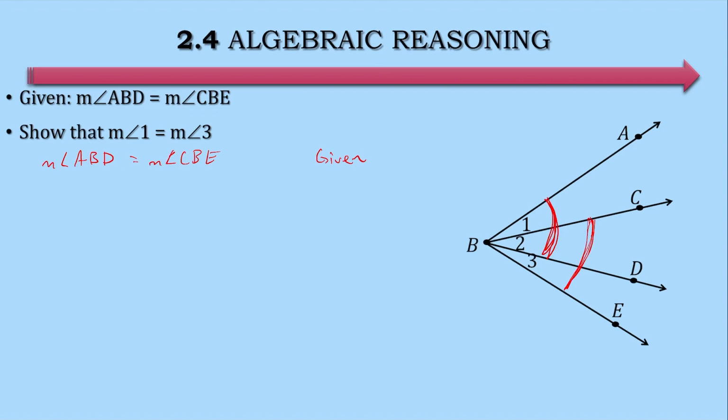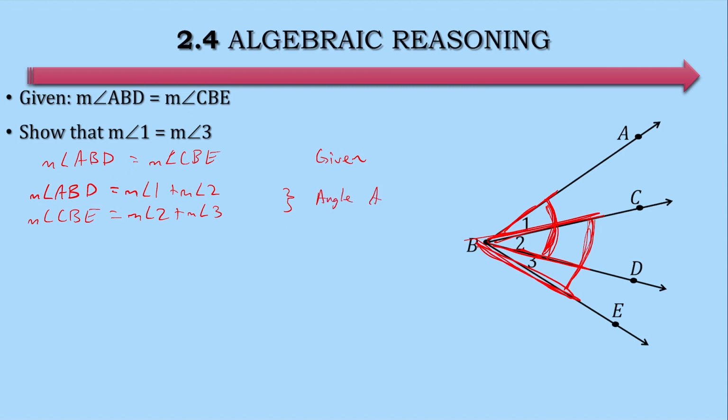Well, notice angle ABD is made up of angle 1 and 2. And measure of angle CBE is made up of 2 and 3. That was small angle plus small angle equals the big angle. So that is the angle addition postulate.